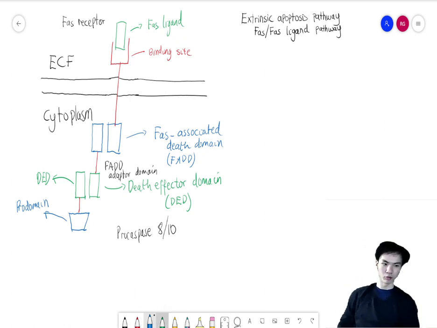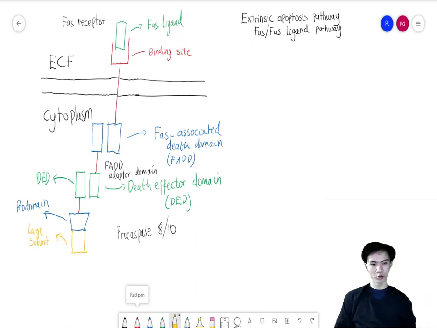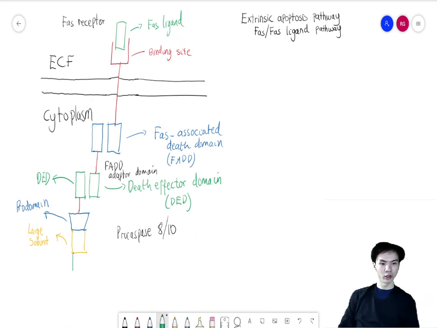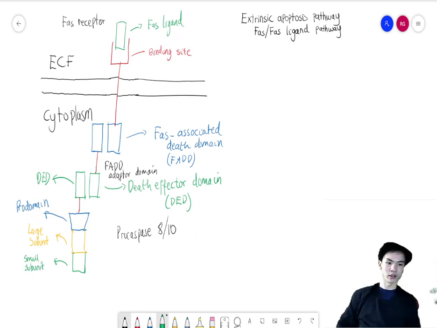And your pro domain will be attached to a, I'm going to represent it in yellow now, we haven't used yellow yet, so your pro domain is going to be attached to your large subunit of your pro-caspase, and then attached to a large subunit is going to be your small subunit of your pro-caspase 8-10.